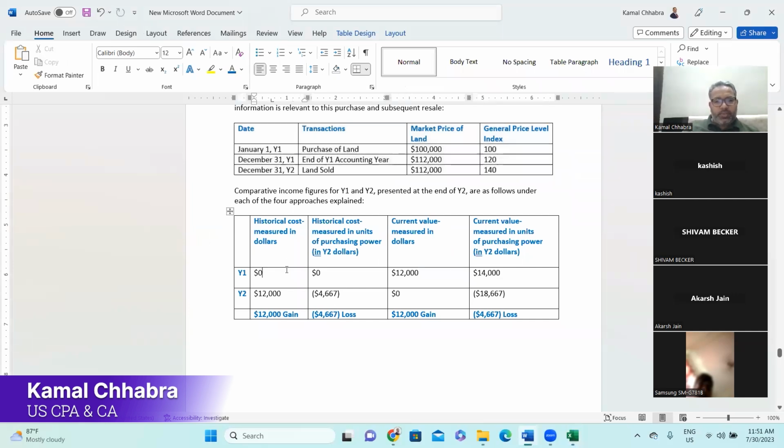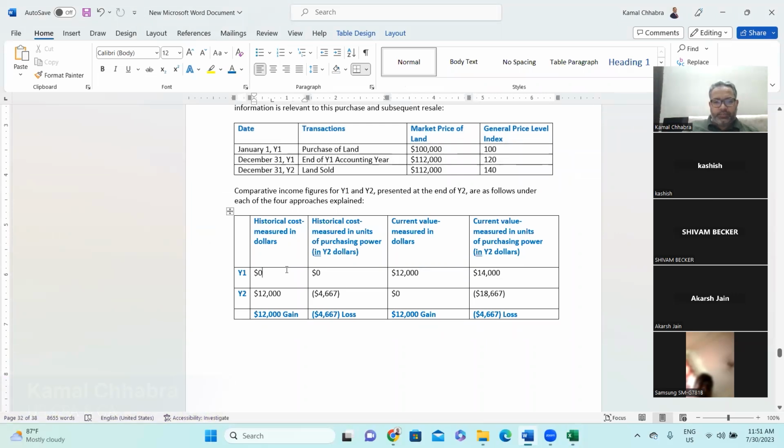The historical cost measured in dollar at year 1, there would not be any impact in the income statement, but in year 2 there will be an income of 112,000 because of the sale of assets. So in the first method it's very much clear, very plain vanilla. In year 1 there would not be any income, but in year 2 we are selling at 112,000, so there will be a gain of $12,000.